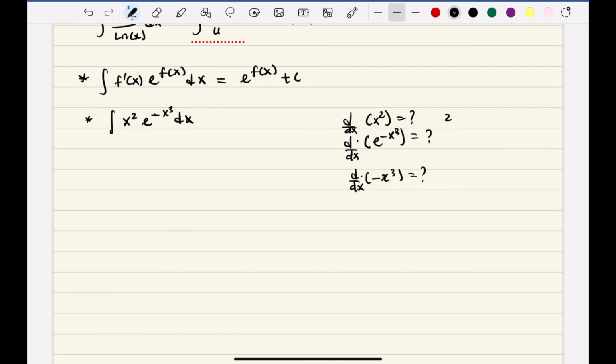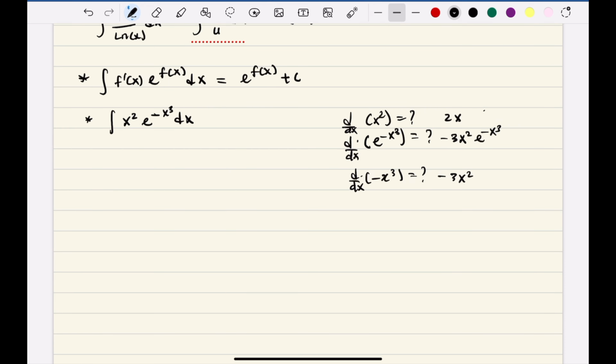Here we would have 2x. This one we would have negative 3x squared e raised to the power negative x cubed, and here we're going to have negative 3x squared. Okay, so which one is closer to the U substitution here?